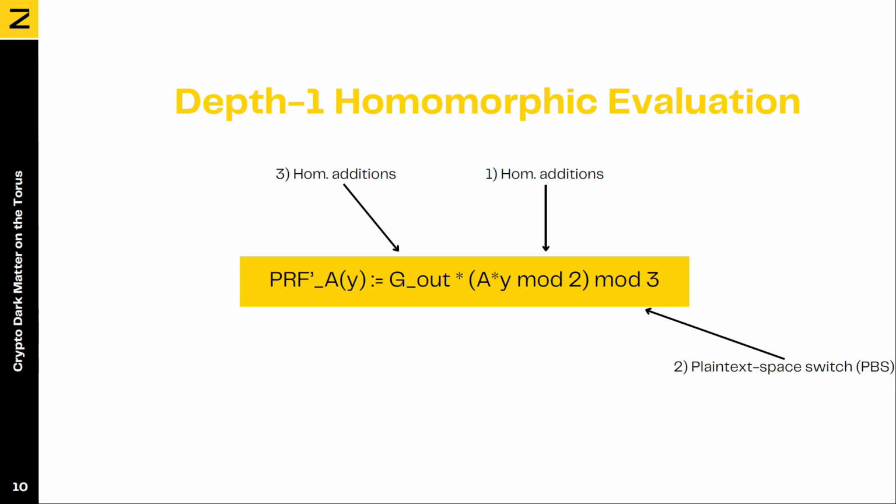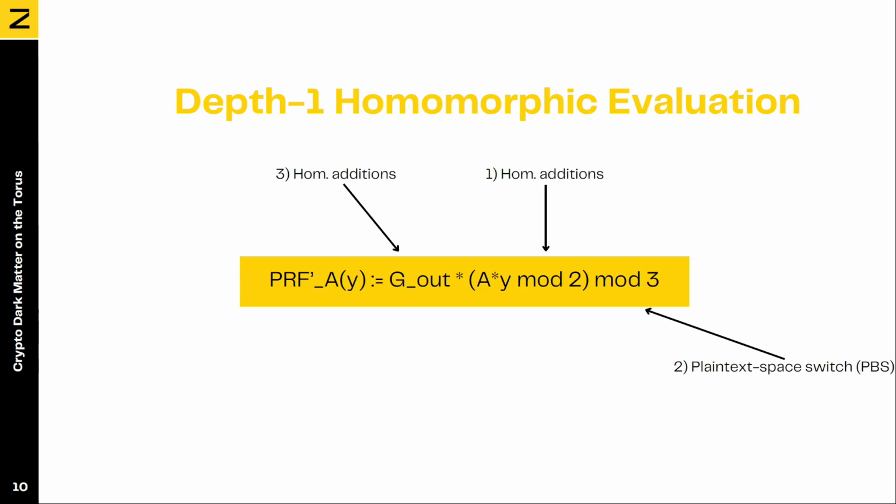OK, so moving back to the crypto dark matter PRF, we have the following depth 1 homomorphic evaluation. So suppose you're given an encryption of binary value y. So you have a binary plaintext space. The first step is to do the matrix multiplication, which is just homomorphic additions.